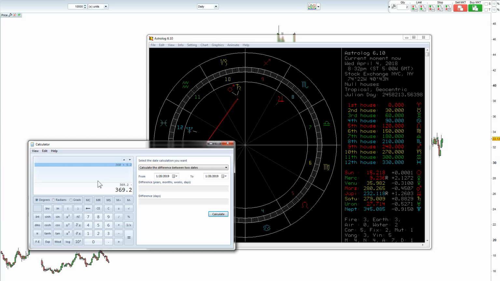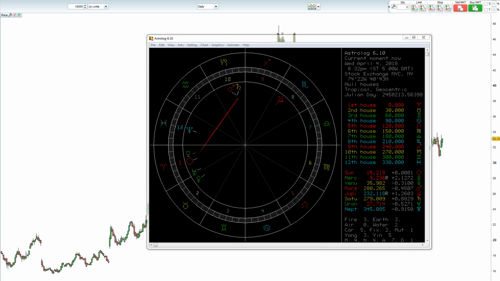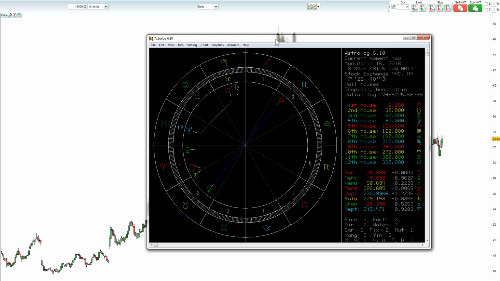Subtract out Saturn's 279 gives us 90.2 degrees of separation. So it's right about the middle. So the aspect line turns on right there. That's 1, 2, 3, 4, 5, 6, 7. So I go back 4. 1, 2, 3, 4. So that should be right about the middle there.